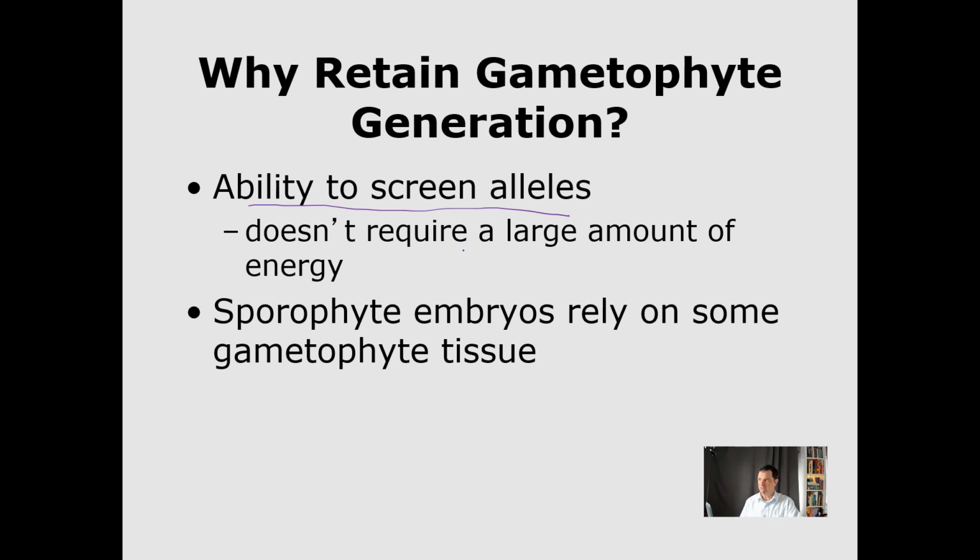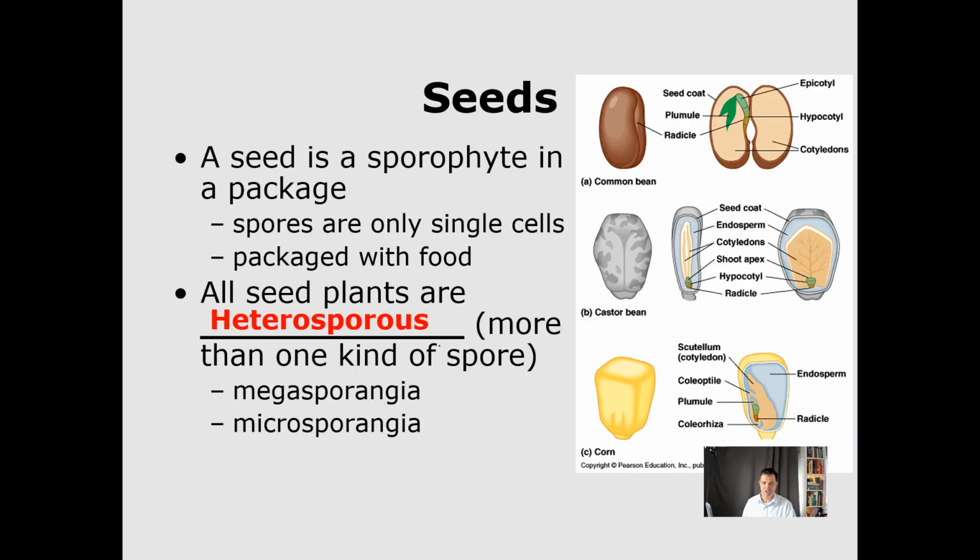And if there's something damaged in the gametophyte that makes that allele not function, it sort of wipes out that bad genetic code. So it's a good way to screen alleles and get rid of those that might be damaged. And sometimes in sporophytes, the embryo, the little baby plant, if you will, relies on gametophyte tissue.